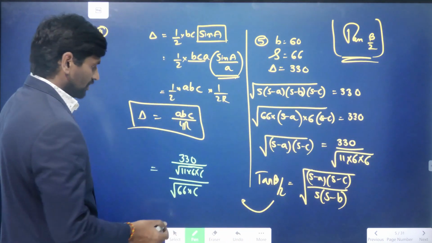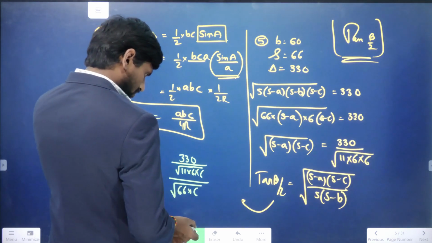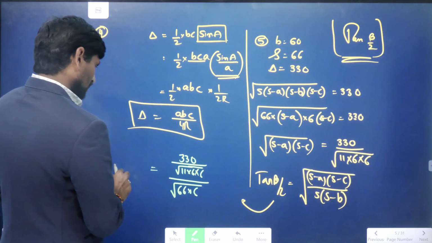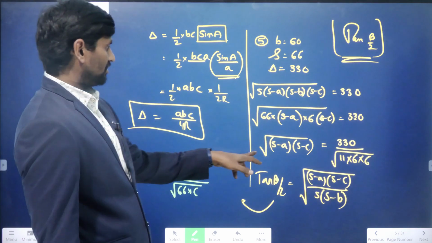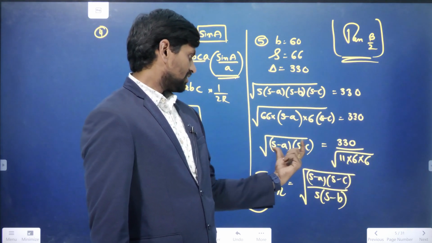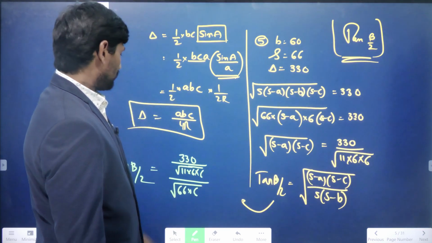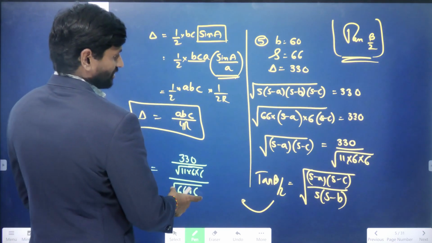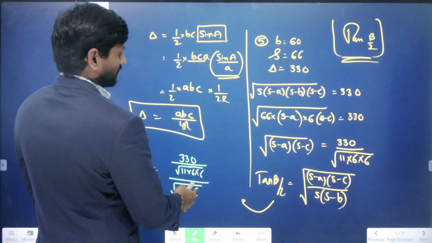Okay, now try to cancel it here. Tan B by 2 is equal to, but here actually we got that 66 into 6. Okay, and root over, yeah, for you also, you're having root over S into S minus B. S value is 66 into 6.